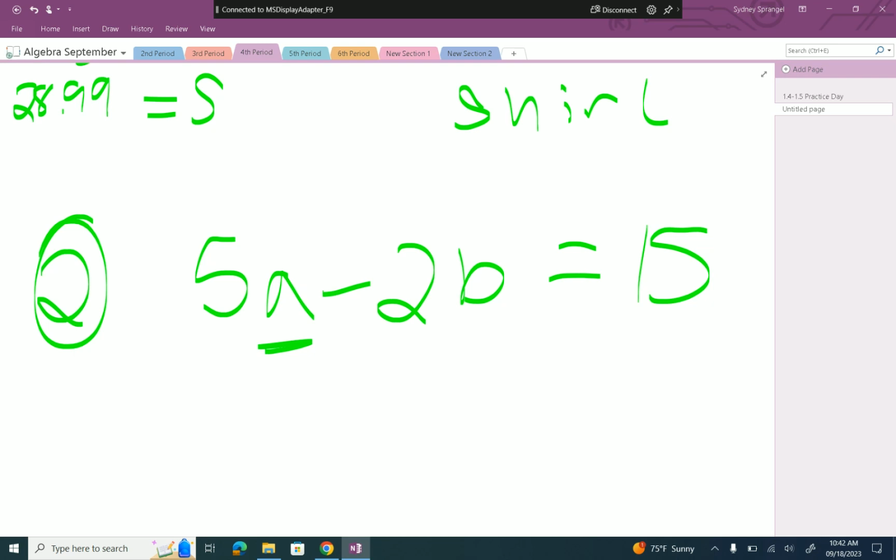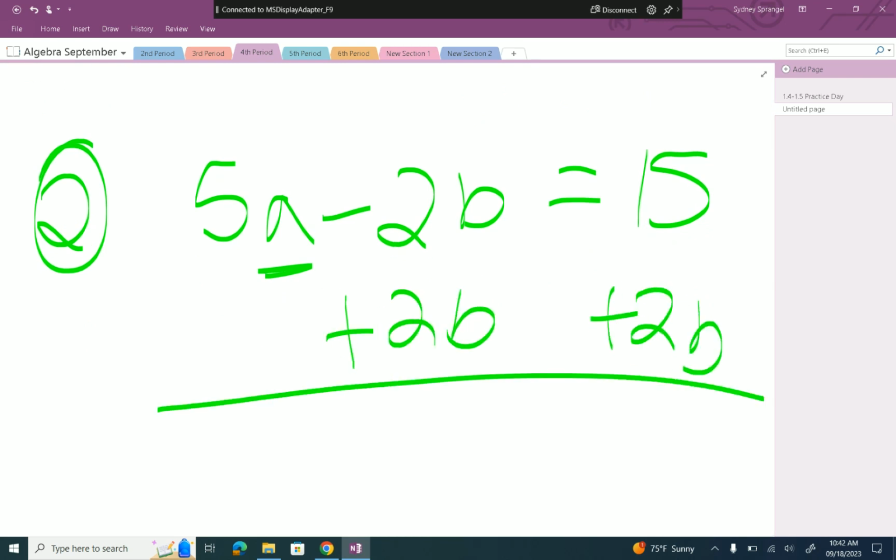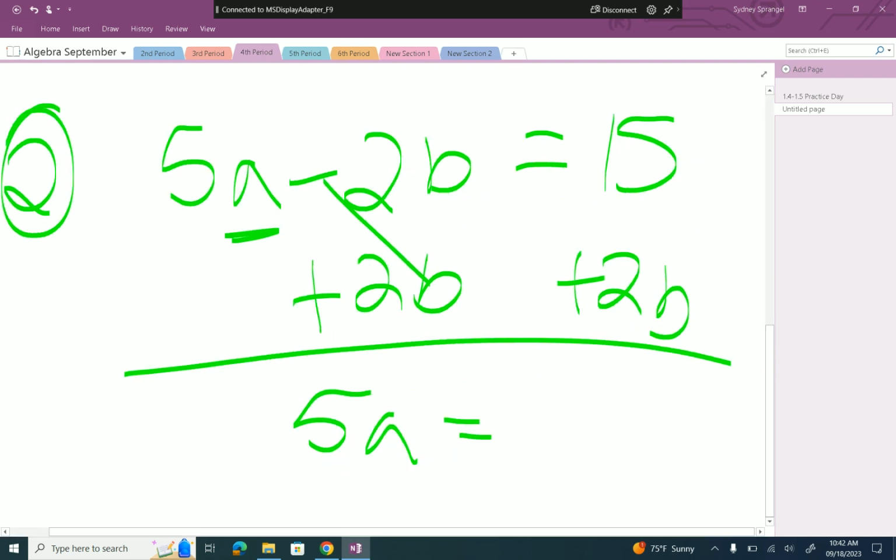And which one do I want to do first? Subtraction. So, Reynard, what's the opposite of subtracting 2b? What do I want to do? Add 2b. Perfect. So it's just like when we had normal numbers, but now we've got an extra variable. So I'm going to get my 5a alone.